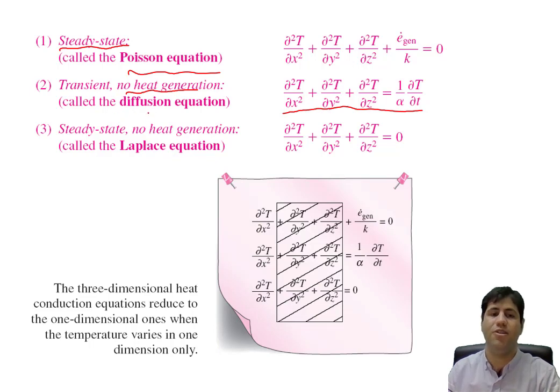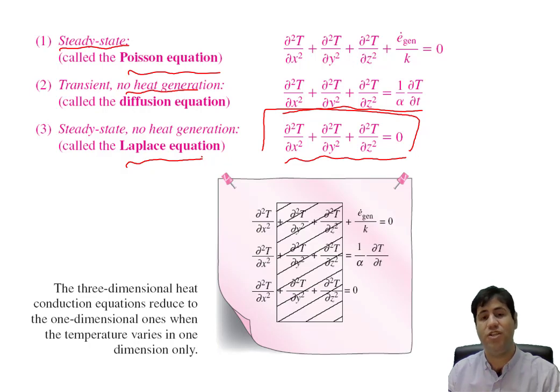We call that the diffusion equation. And when we have steady state and no heat generation, then our equation will become like this. We call that the Laplace equation.